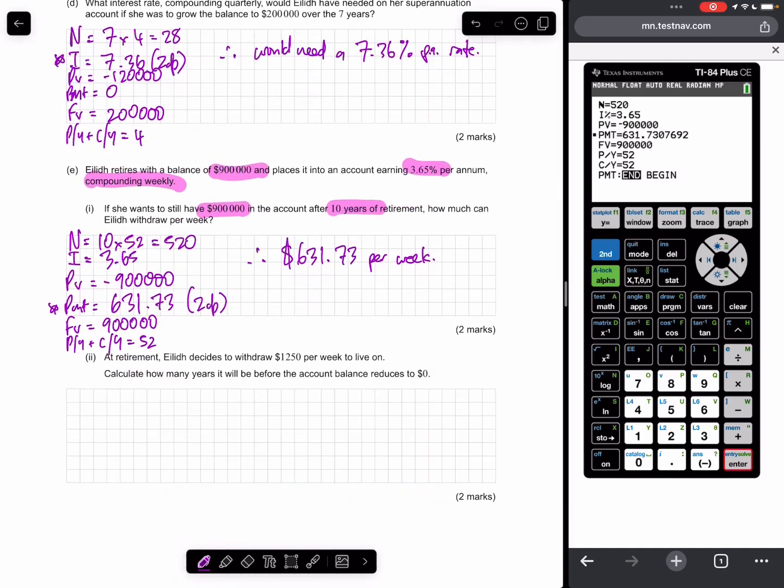After retirement, decides to withdraw $12.50 per week to live on. So that style of living not good enough. Calculate how many years it will be before the account balance reaches zero. So we don't know how long it's going to take. That's what we're trying to find out. Rate's the same. Started off at negative 900,000.